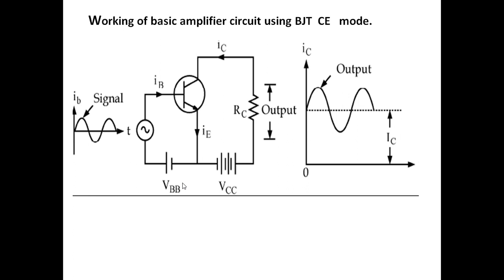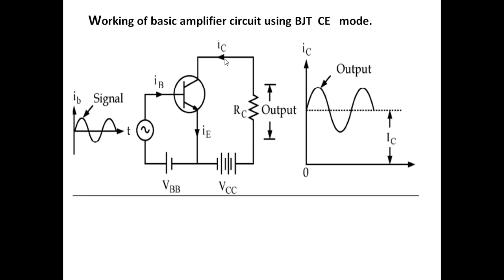The output voltage is VCE and the output current is IC. If the characteristics are drawn between VCE versus IC, that is called the output characteristics, which show output voltage versus output current when input is constant.